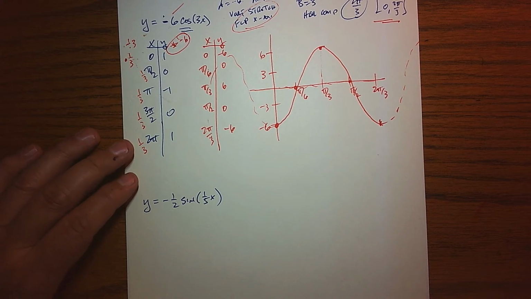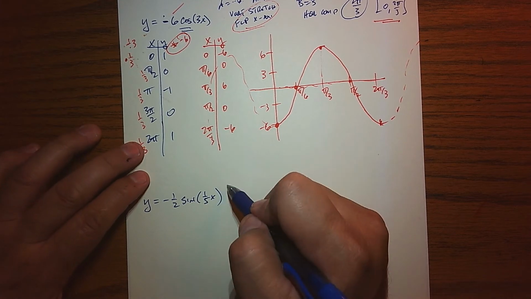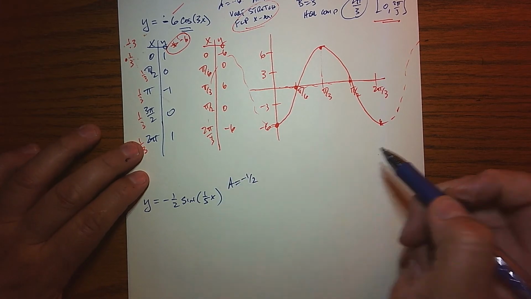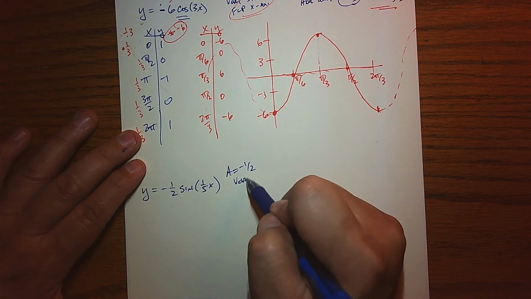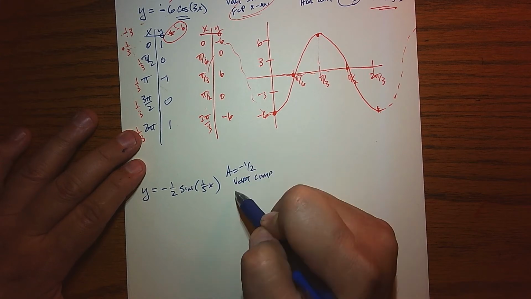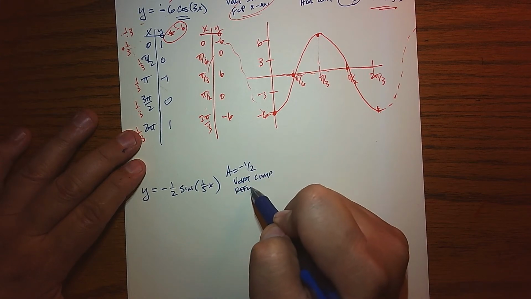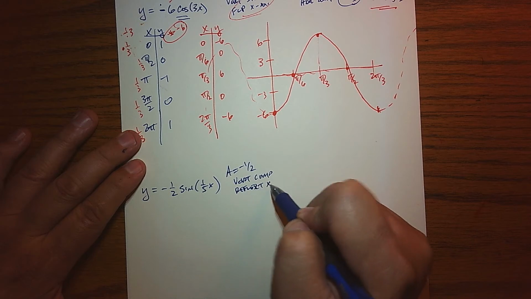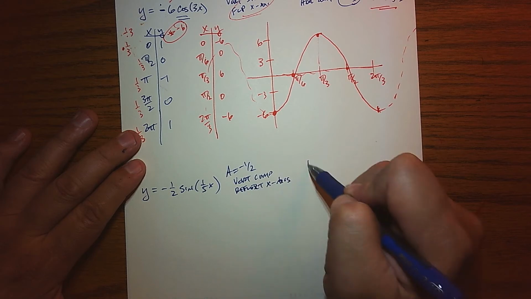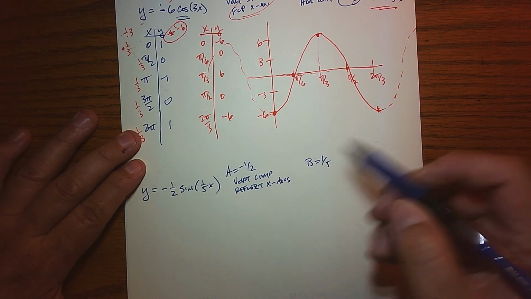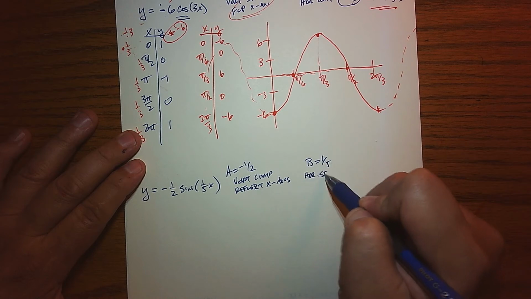Okay, hopefully anyways. So in this case, A is equal to -1/2. This tells us we have a vertical compression, and we are reflecting through the x-axis again. Our B is equal to 1/5, so this means we have a horizontal stretch.